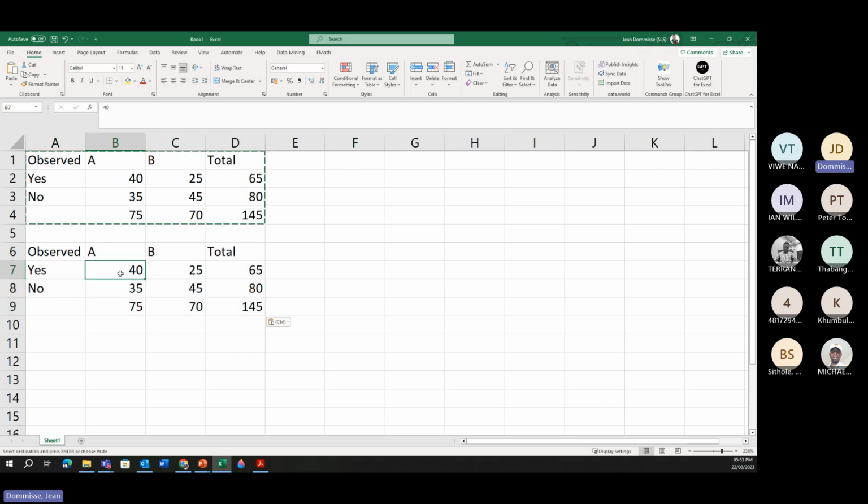The expected value is the sum of the one times the sum of the other, and then we must divide by the total sample.